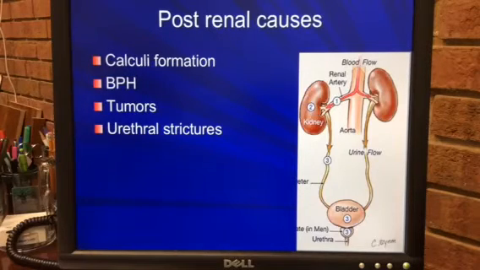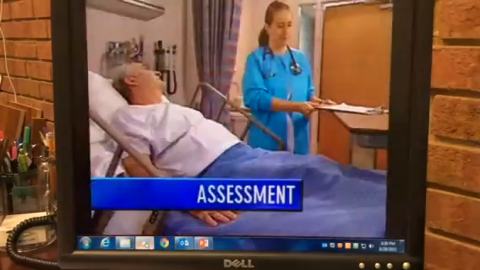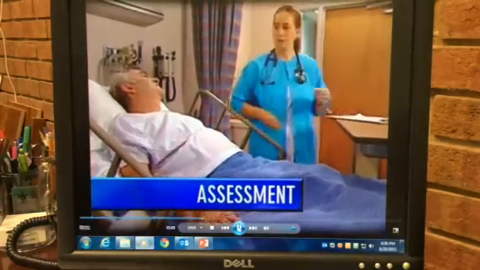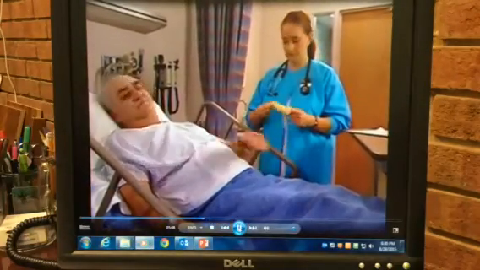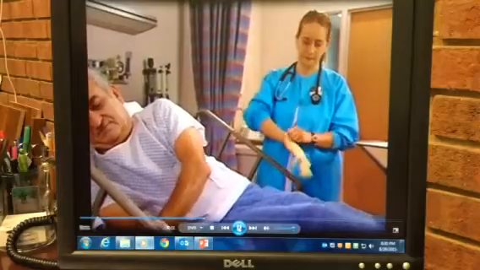So even post-renal causes can produce intrarenal damage resulting in true renal failure if not corrected. Work quickly to assess your patient so you can pinpoint its cause and begin treatment.